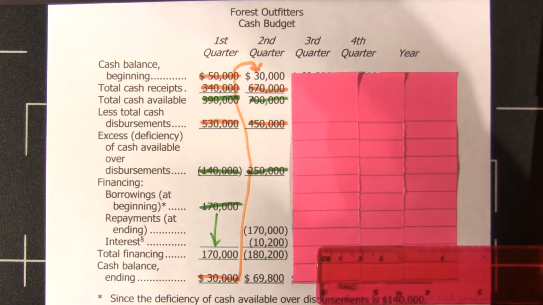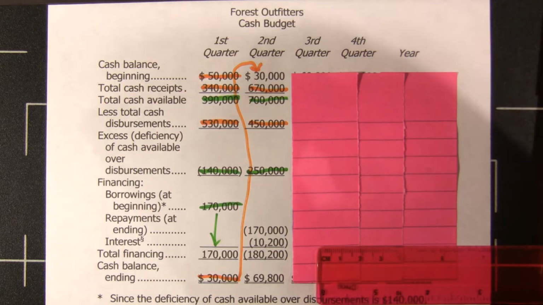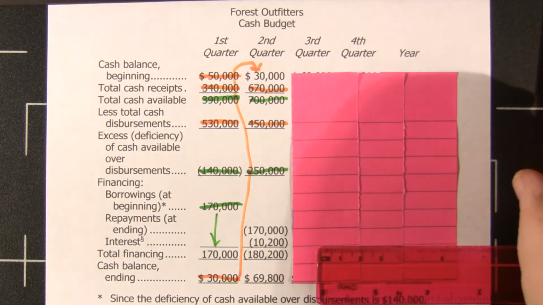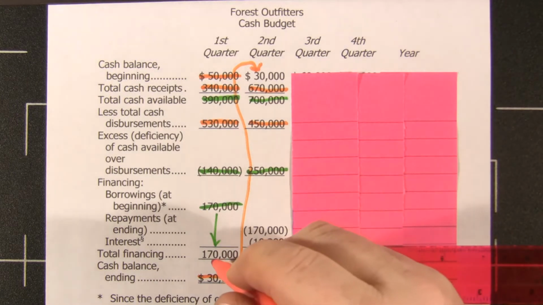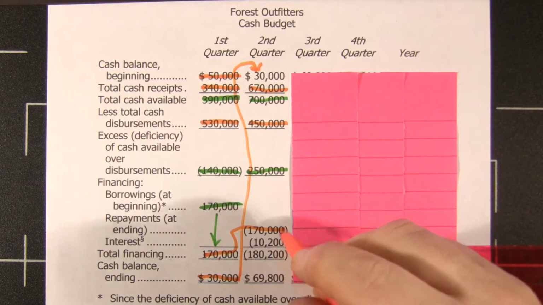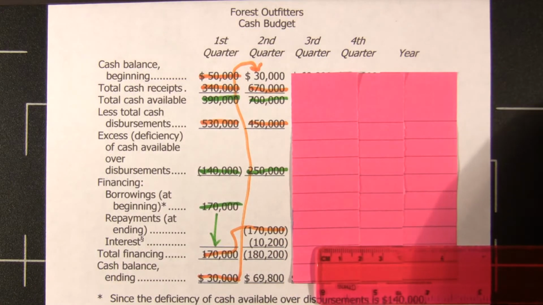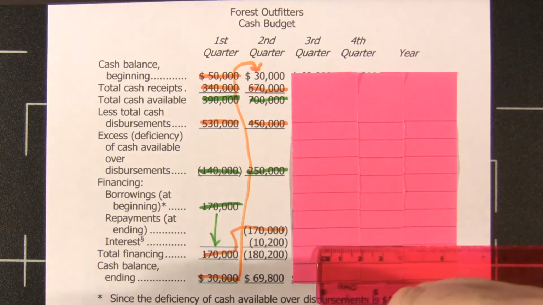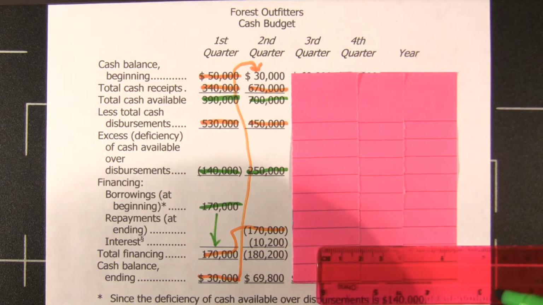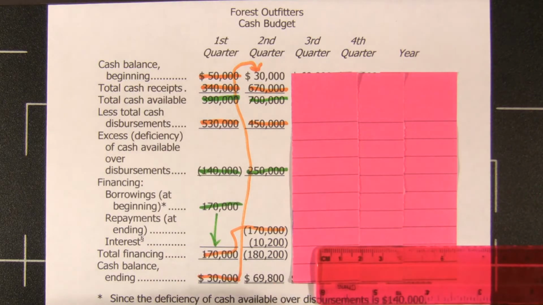We need $450. That gives us an excess of $250. Now, we're told the company's policy is to repay whenever possible at the end of each quarter. So we borrowed $170,000 last time. So we're going to repay that, and we have to pay the interest at the time. So that's 3% times $170,000, and that's for a total of 2 quarters, because we're paying it at the end of the quarter.